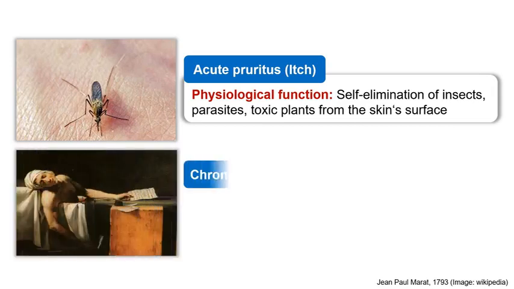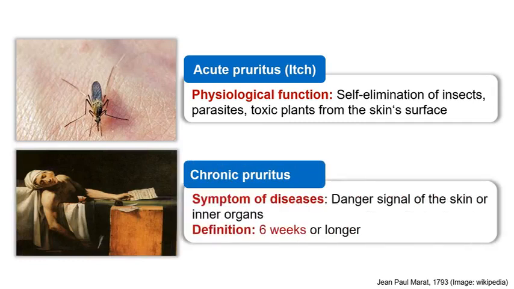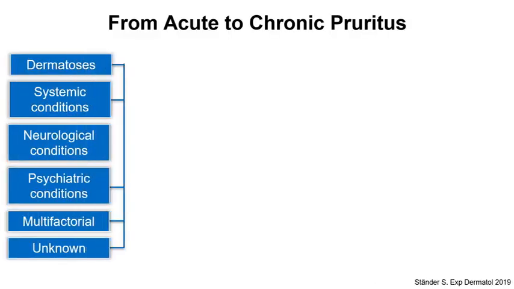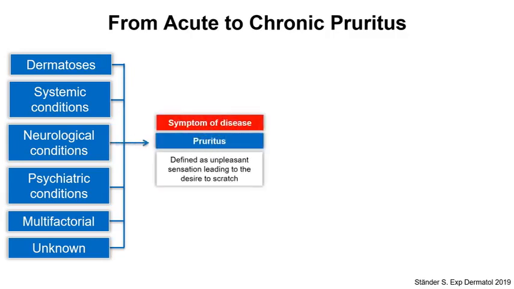We are discussing here chronic pruritus, which we can define as a symptom of diseases, and the official definition is that it lasts 6 weeks or longer. So, how do we see acute versus chronic pruritus? The pruritus in the context of diseases may start with one disease, with multiple diseases, or sometimes we do not know the underlying disease, but then we have pruritus as a symptom of these diseases.